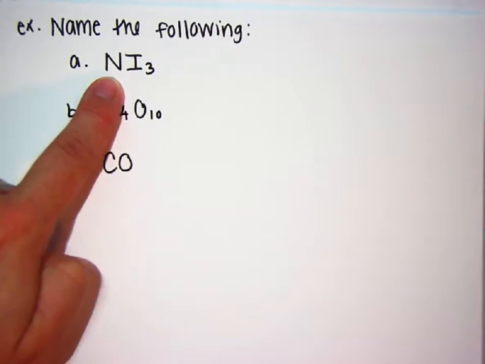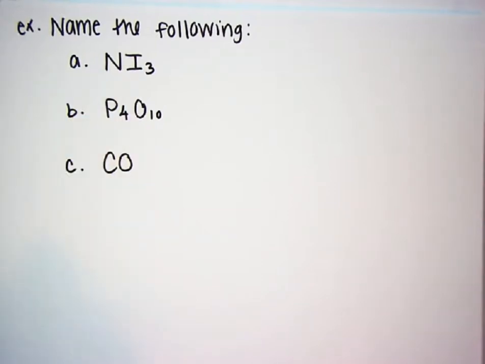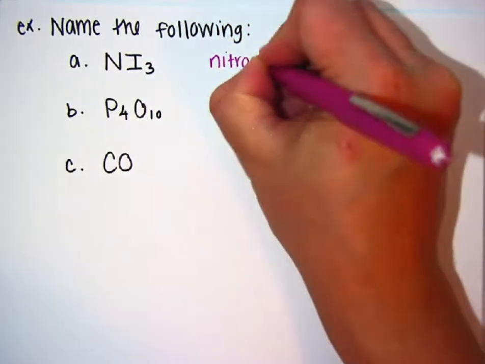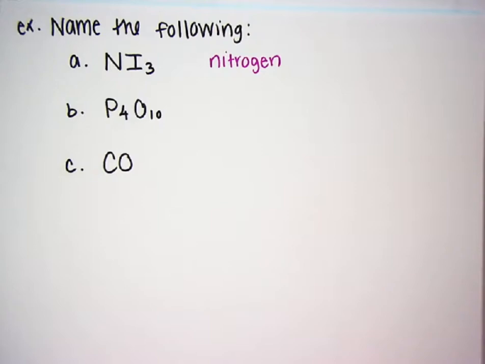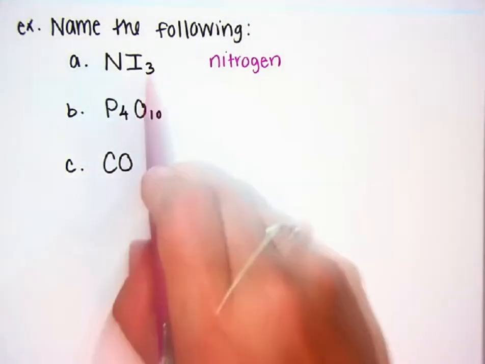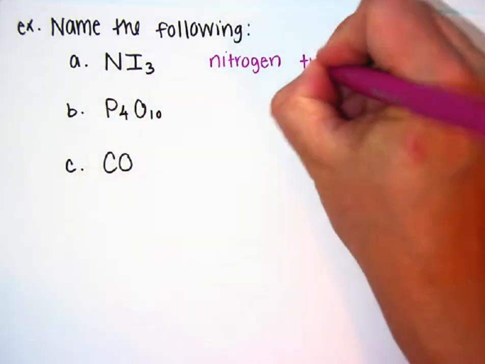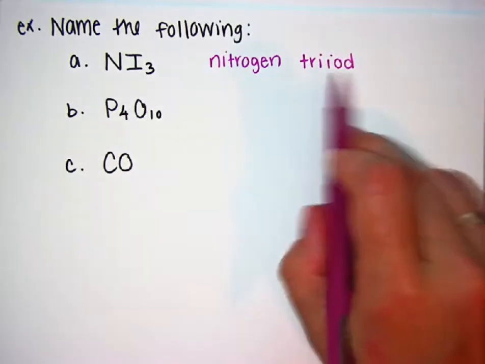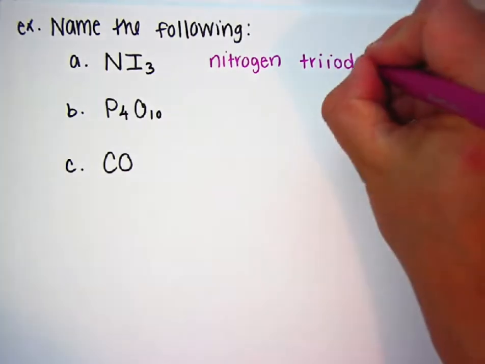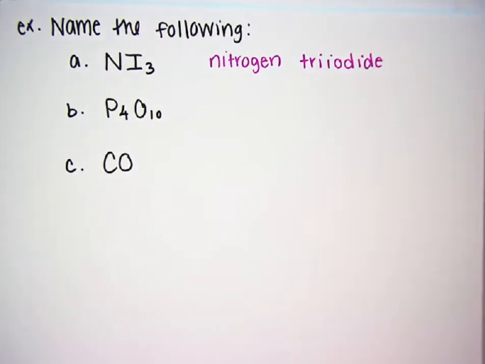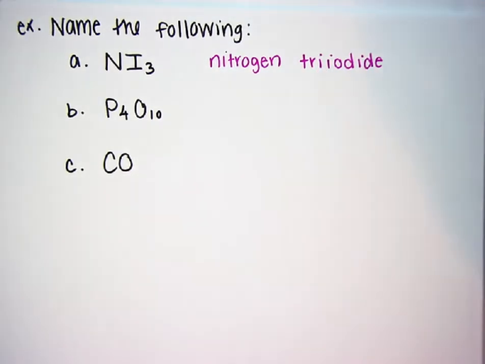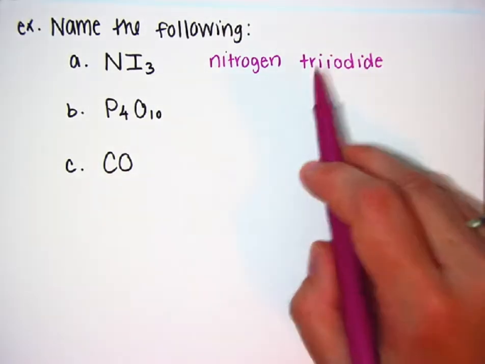I have one nitrogen, but remember, we never use mono on the first element. Never change the ending of the first element. So I would just write nitrogen. I have 3 iodines. The prefix for 3 is tri. I'm going to put in that root word iodine, but I'm going to drop the ending and add IDE. This is nitrogen triiodide. Do not drop the I. We only drop A's and O's, and we only drop them before elements that start with O. We do have this double I here, triiodide.